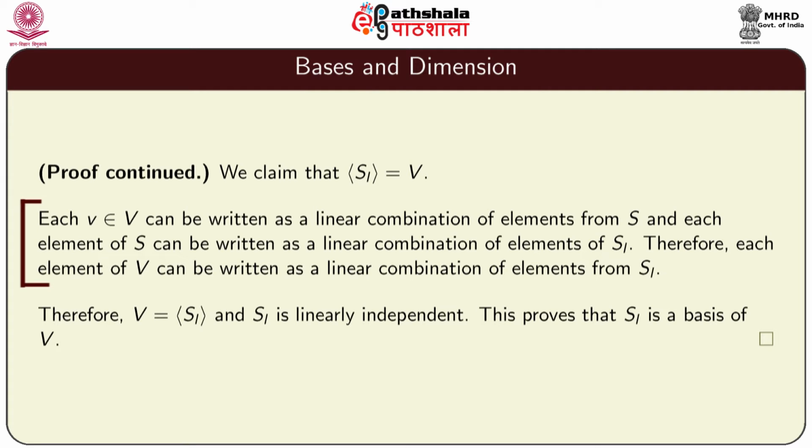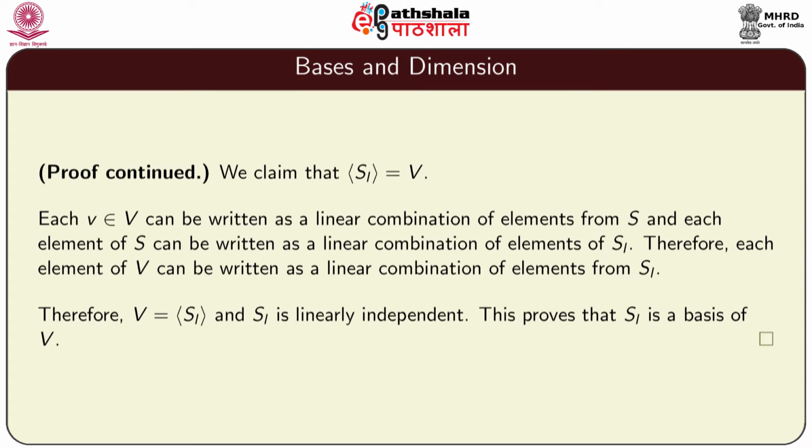Therefore, each element of V can be written as a linear combination of elements from SL. That shows that span of SL must be equal to V. Therefore, we have proved that SL is linearly independent and it spans V. Therefore, SL is a basis for the vector space V.